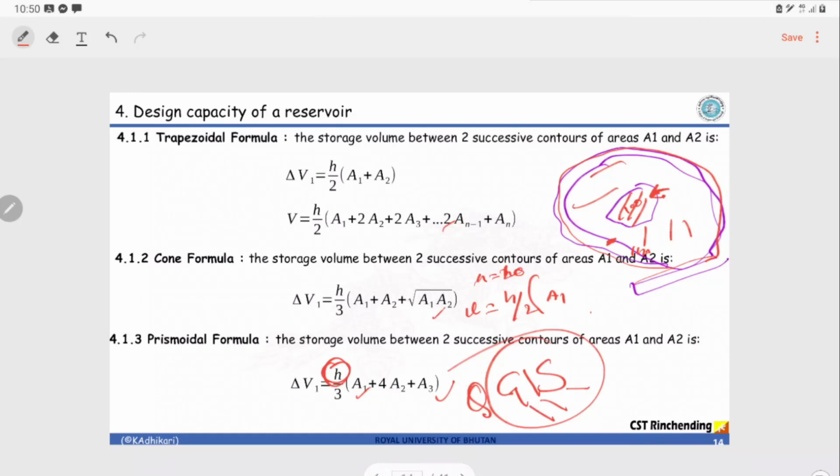In olden days people used the contour, the area elevation curve, and calculated with the help of that. It was a tedious process. Now everything is digital. This software is free and open source. Anybody can download it and start learning.